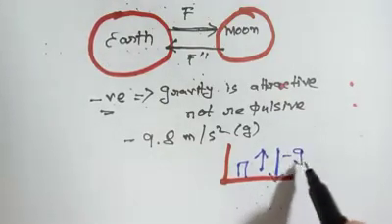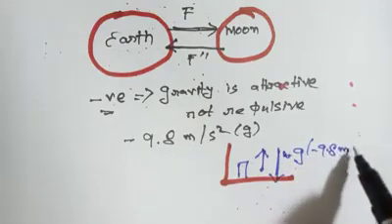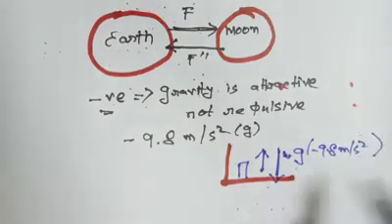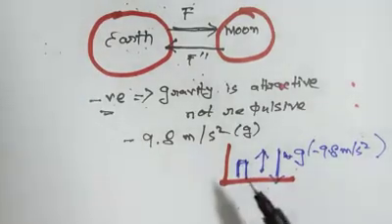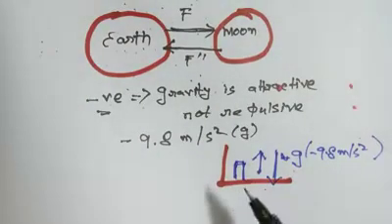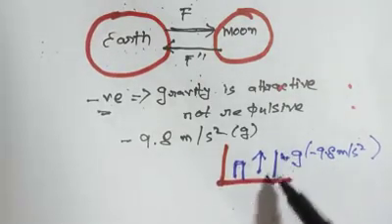This is why g is minus 9.8 meter per second squared. The nature of gravity is something fundamental which we will learn further in expanding the theories of gravity. It is always pulling down.